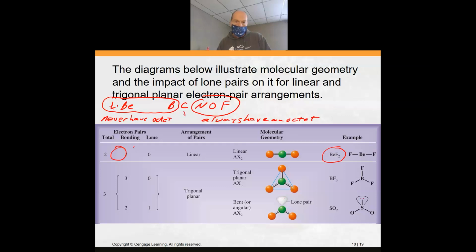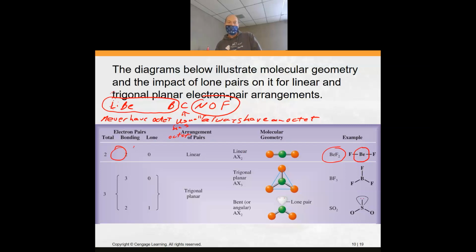And carbon usually has an octet. When we look at this beryllium in the center, it does not have an octet. It only has 2 electrons, which is where it's at on the periodic table.